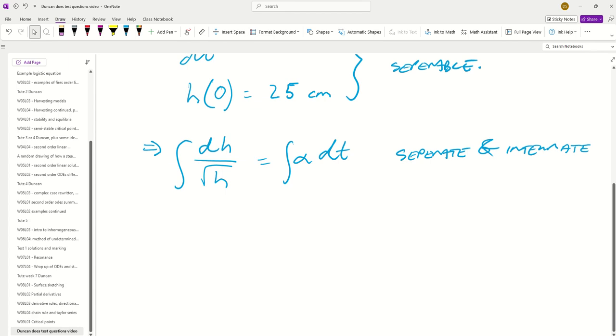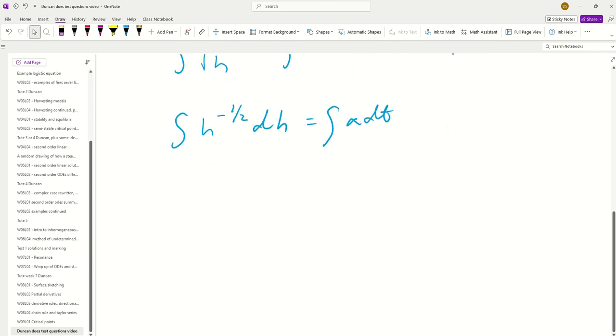Okay, so we're integrating. I like to do this integral by rewriting it in fractional form. The integral of alpha dt is obviously just alpha t. But now we can add 1 to the power, divide by the new power. That's the integral there.